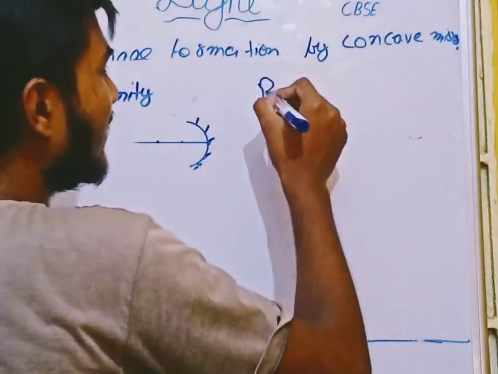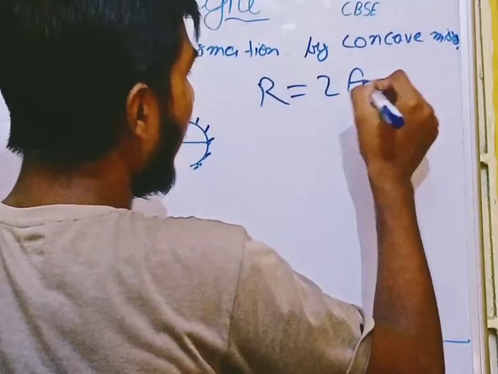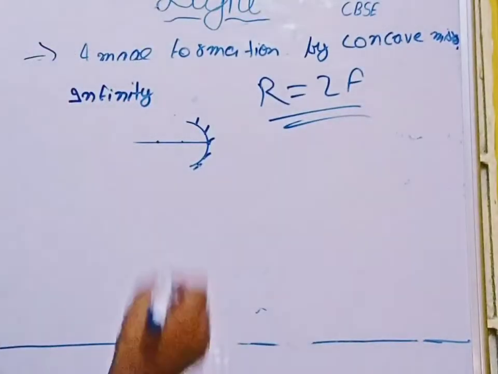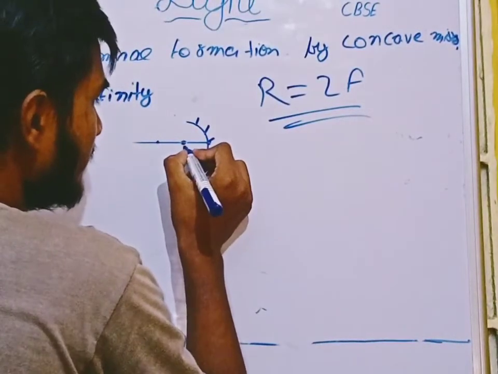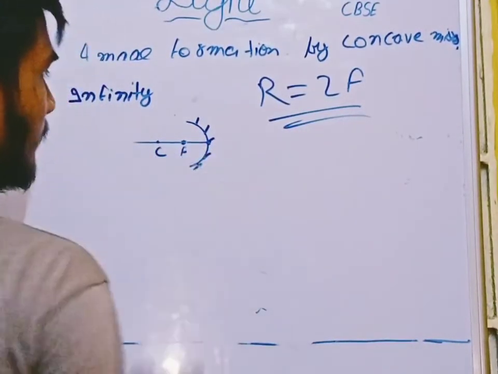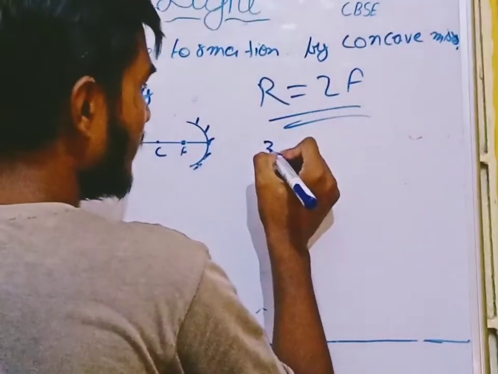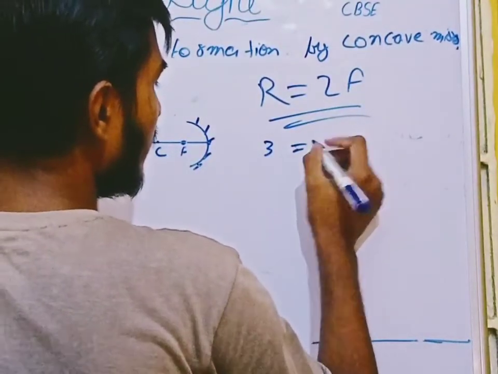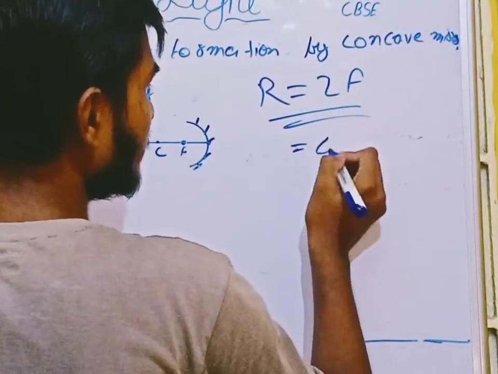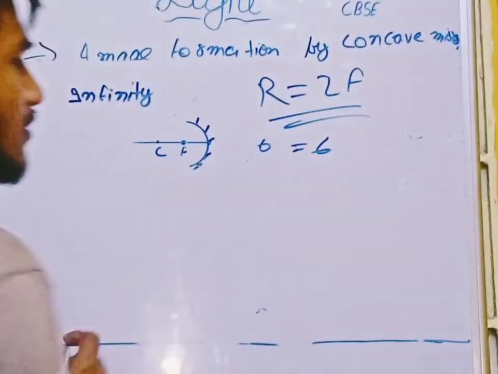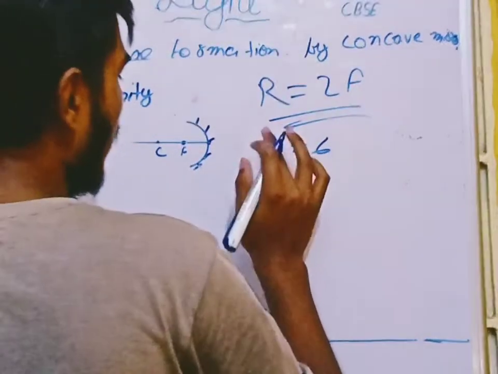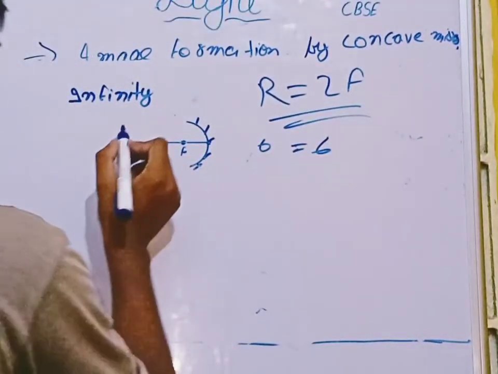Always remember this formula, R equal to 2F. Then this is F and this is C. When F is 3, then C is 6. And that is the proof.